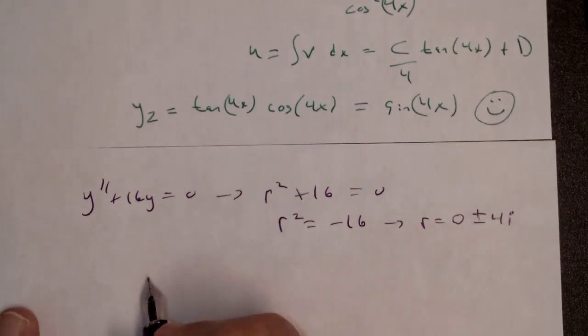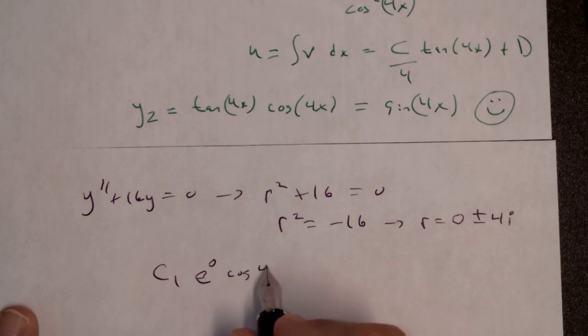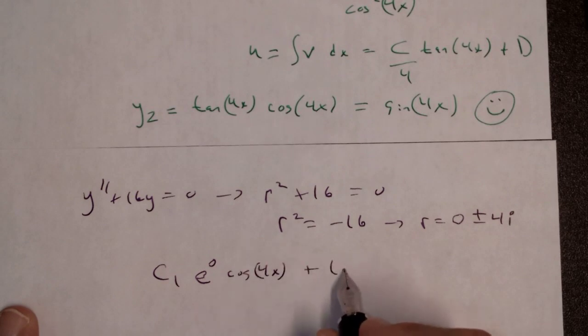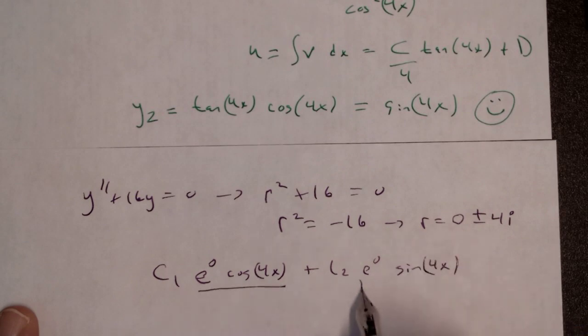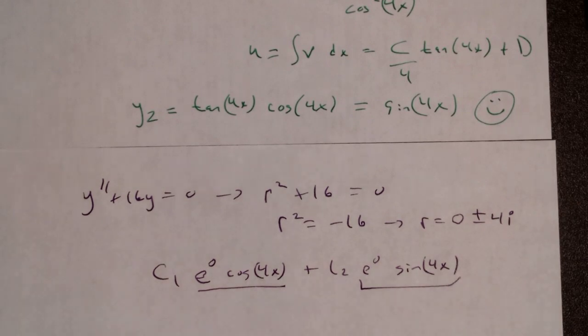So the solutions are C1 e to the 0 cosine 4x and C2 e to the 0 sine 4x. They gave us this one and we found this one. But technically that part is section 4.3. And we were in section 4.2, so we didn't know that that was going to be the case.